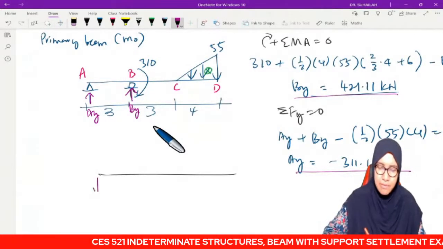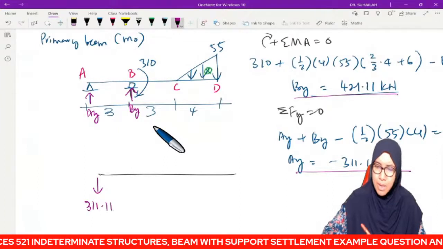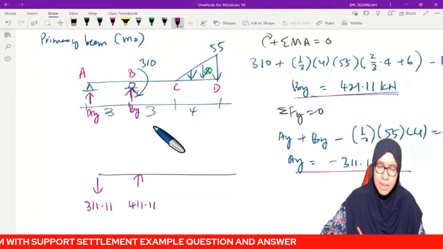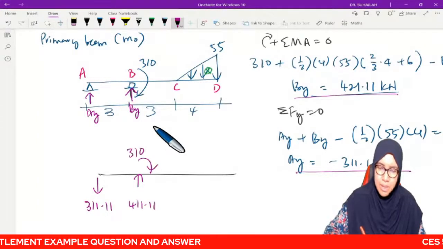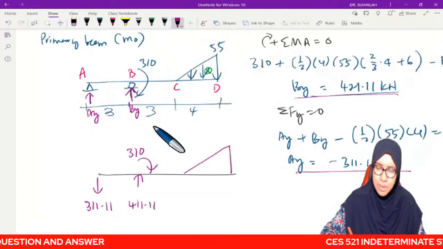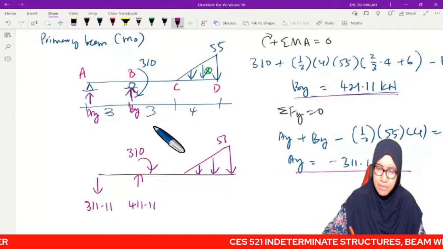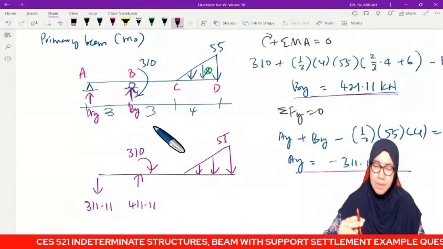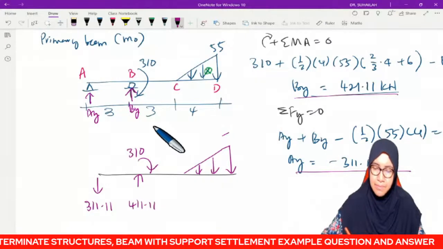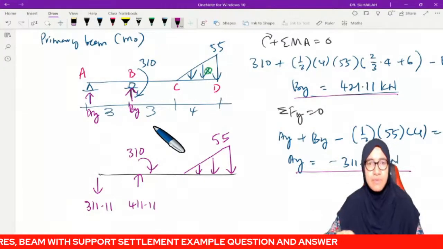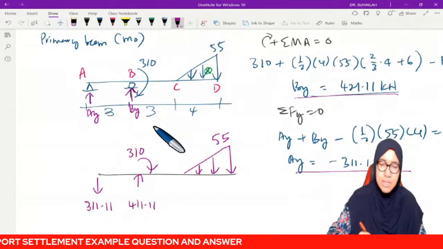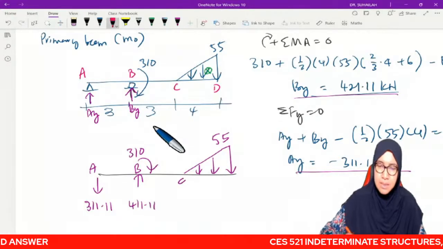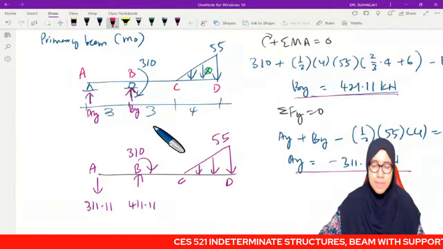AY is negative 311.11, BY is positive 411.11, and then there is the clockwise moment of 310, and then the triangular load of 55 kilonewton per meter. So this is A, B, C, and D.